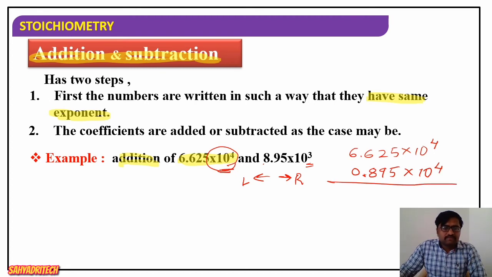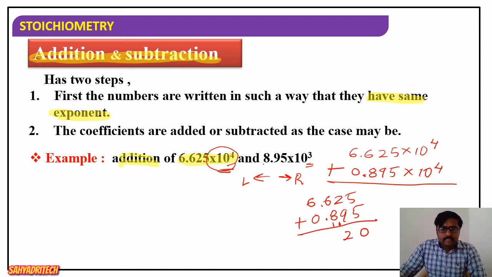So now we have to add. First, the exponents are made the same. Then during the operation, if it is addition, we add the coefficients. The coefficients here are 6.625 and 0.895. 5 plus 5 is 10, carry 1. 1 plus 2 plus 9 is 12, carry 1.